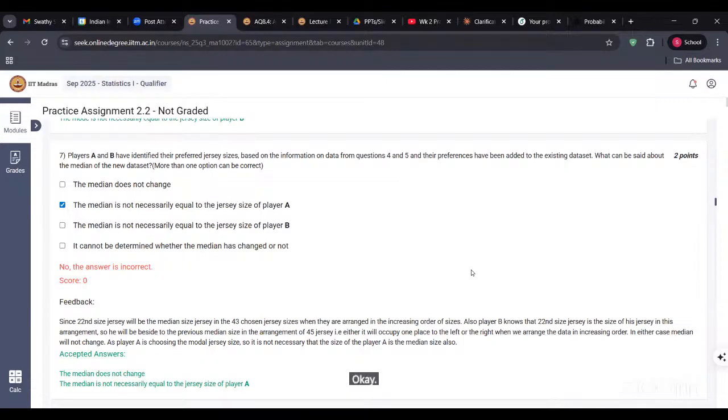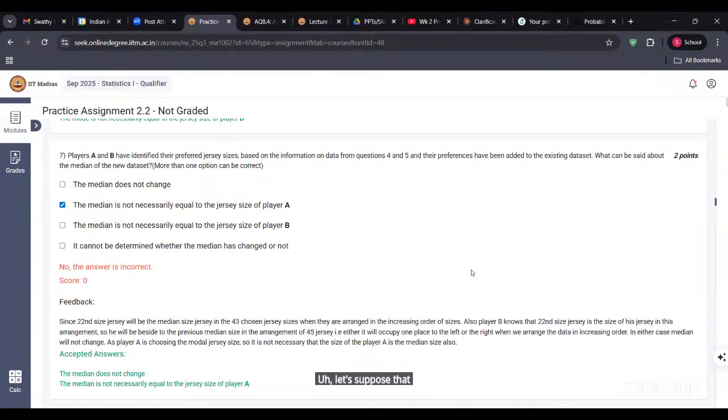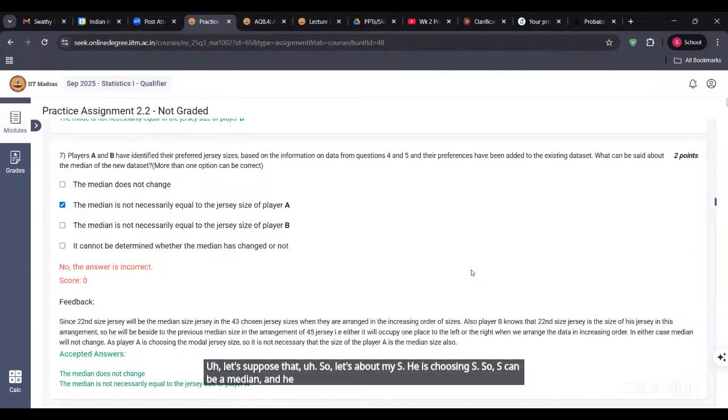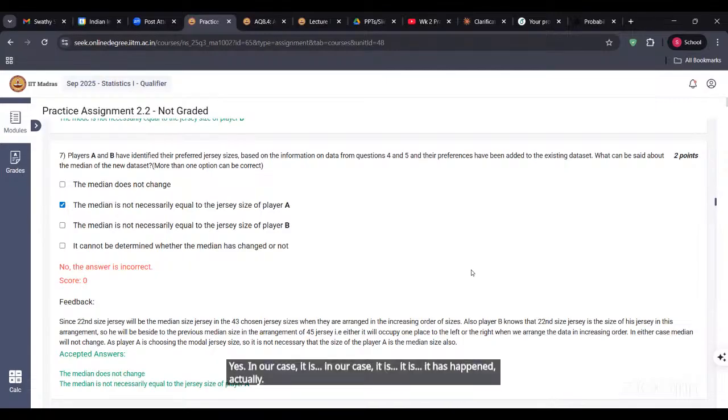Okay, the median does not change in the sense that player A is choosing the mode. Let's suppose he is choosing S. So S can be a median and he can be a mode, correct? Yes, ma'am. In our case, it has happened.